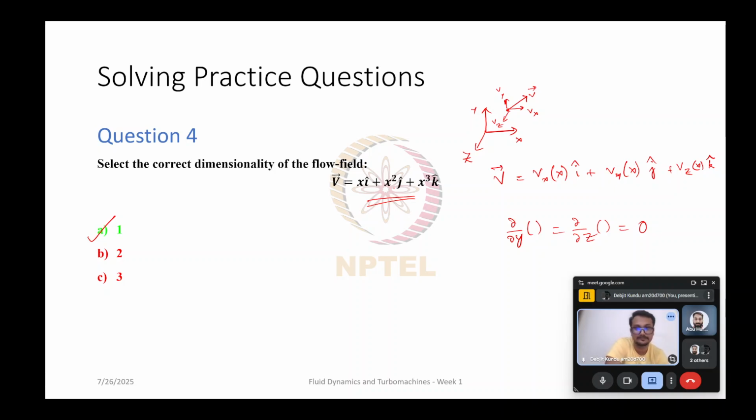There's no time anywhere. If there was time, it would have been an unsteady 1D problem. Perfect. These are very simple examples you are already aware of, but they clarify some pain points which could be confusing. Anyway, very good. Let's move on.